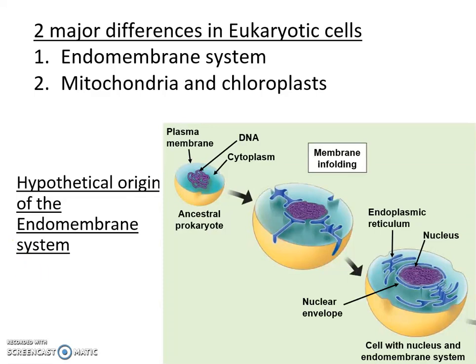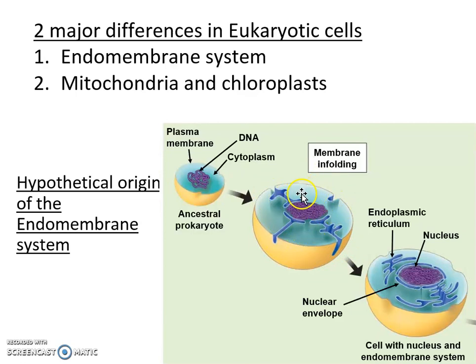And one hypothesis, because again, we cannot prove that this happened, but it is an educated guess, is that you have your ancestral prokaryotic cell that was out there with its DNA floating around in the cytoplasm. And then you started to get invaginations of that membrane, or folds, that appeared that started to protect that DNA chromosome inside of the cell.